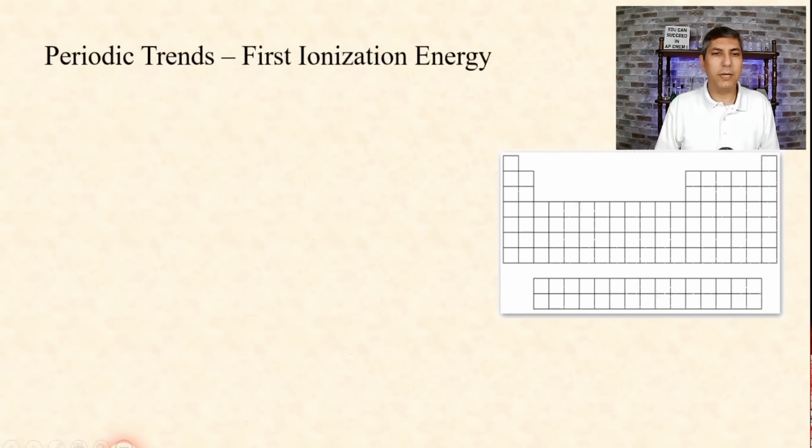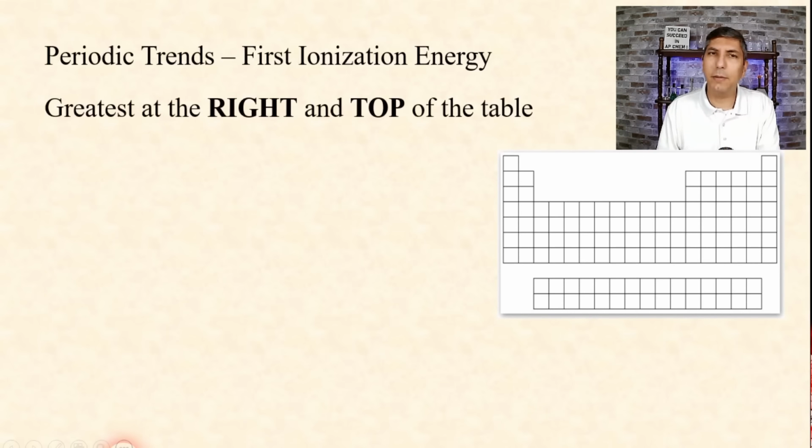Now, another important trend is first ionization energy. Generally speaking, first ionization energy, which by the way is how much energy it takes to remove that very last electron from an atom, tends to be the greatest toward the right and the top of the table. So that would be these atoms over here, things like helium and neon and fluorine.